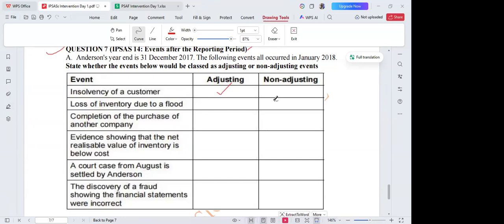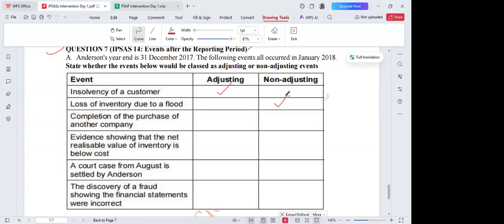Christian, go ahead. I would say it's a non-adjusting event. Why? Because the loss of inventory is due to flood, which is a natural disaster and cannot be anticipated. Non-adjusting. So if it's due to a natural disaster, in your financial statements, you don't provide for natural disaster.